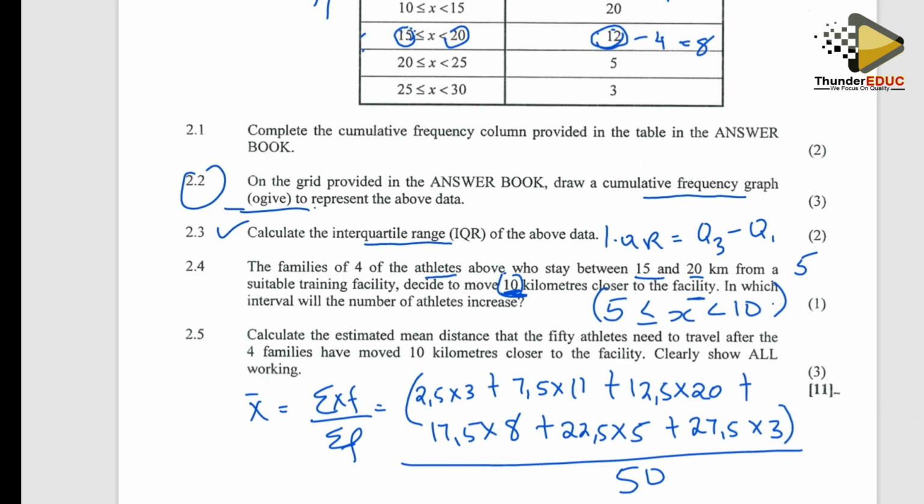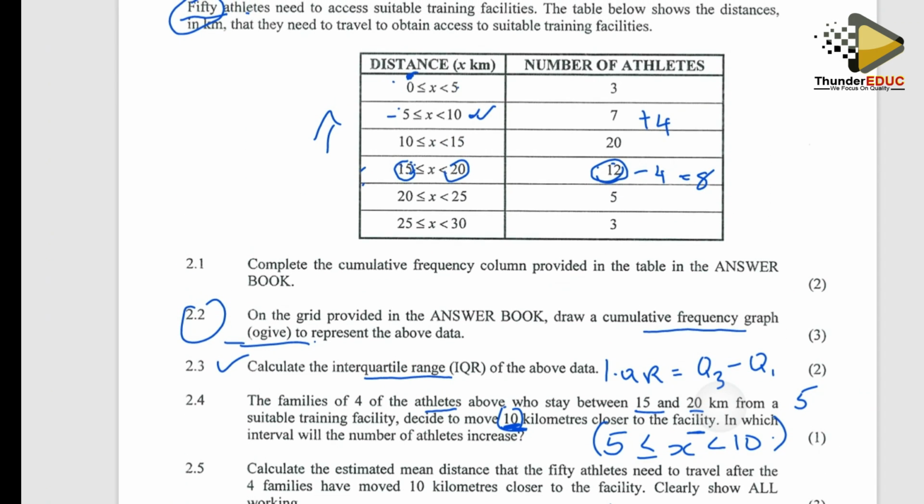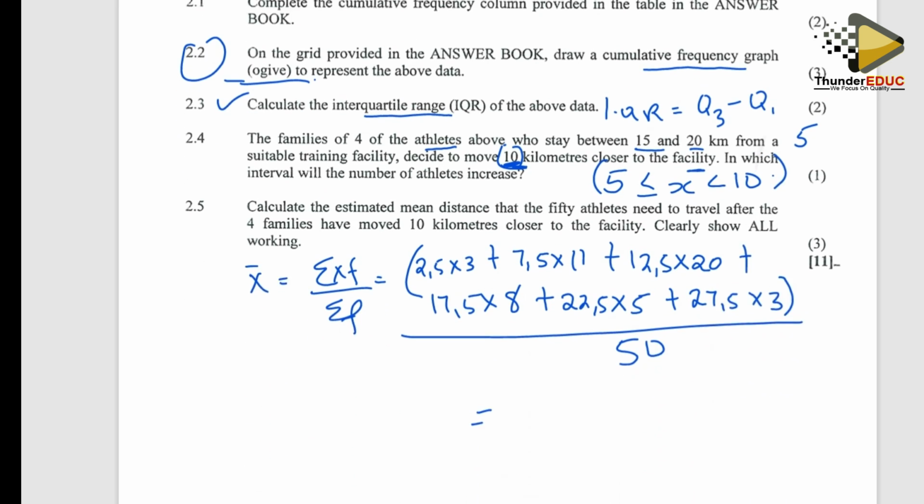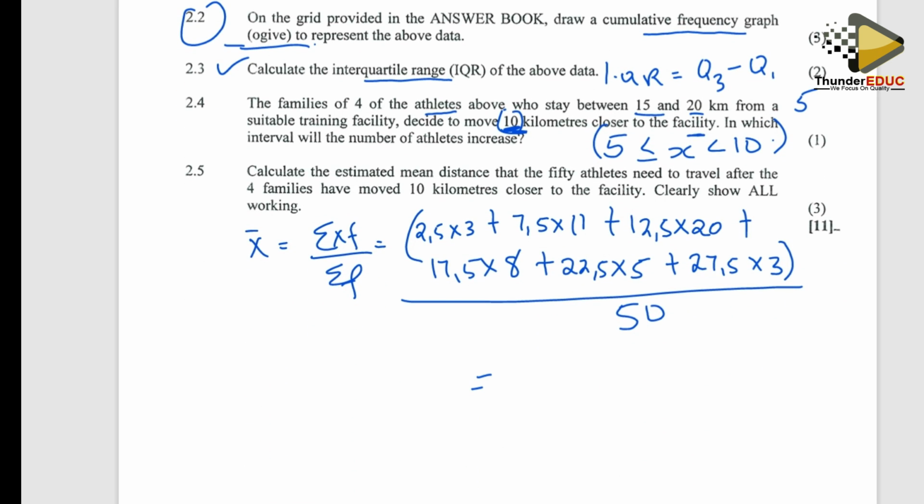Yes, it's a 20. It is a 20. Okay. And then the learners decreased from that other category. So let's just punch this into the calculator and see what we end up with.